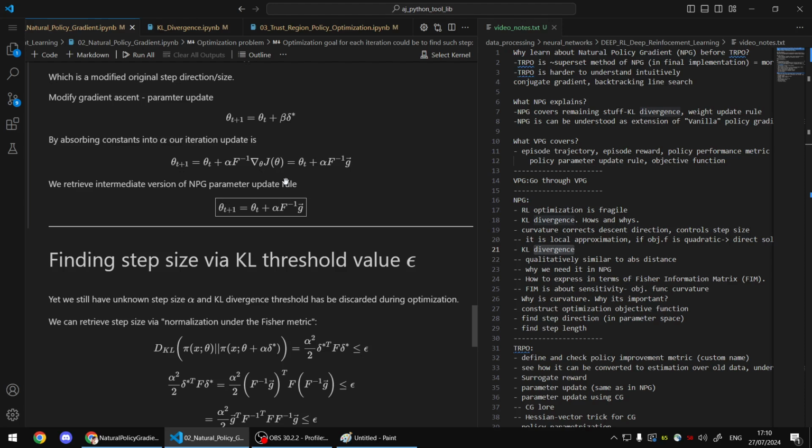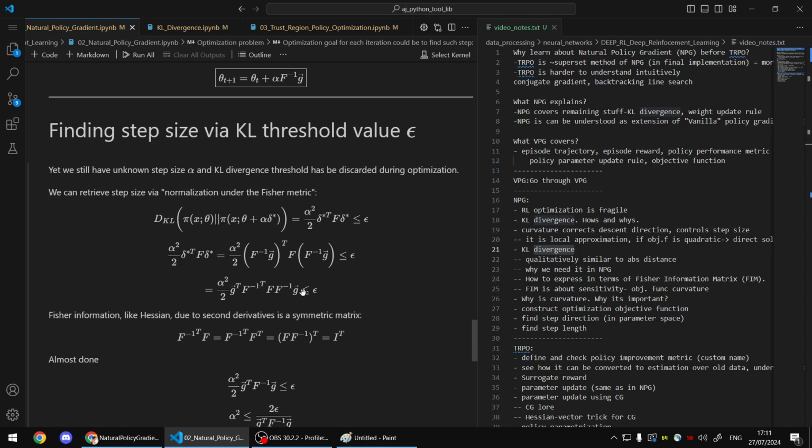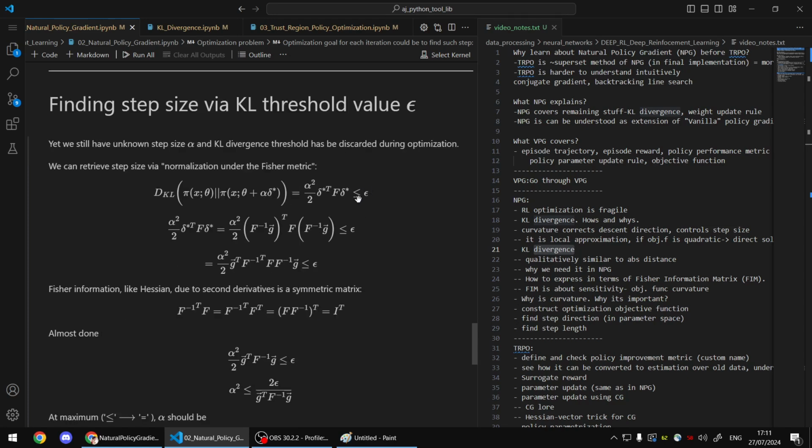So what we're asking, okay, can we implement this learning rate in such a way that it will involve this threshold value? And we just calculate the KL divergence of this perturbed policy by exactly our step size times learning rate. And what we discover is this expression, then it should be smaller than epsilon.